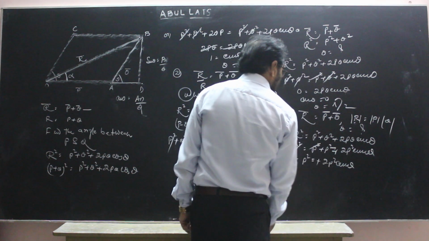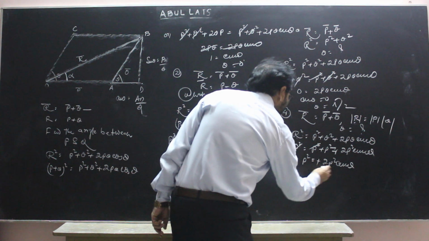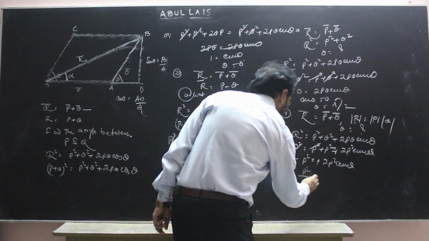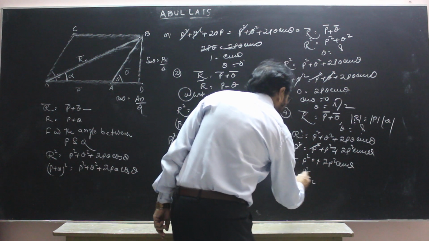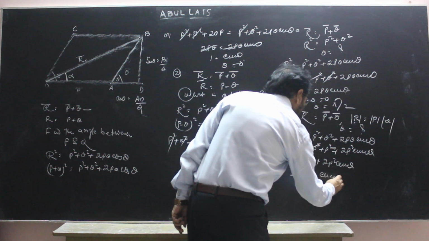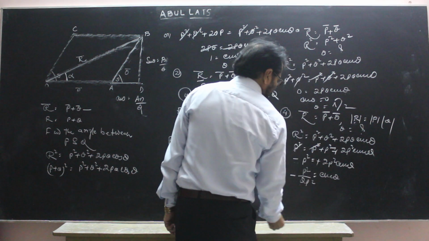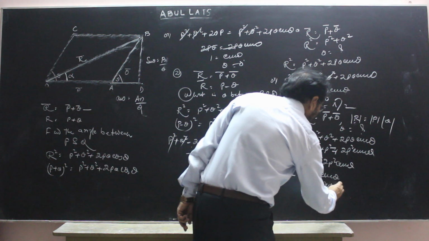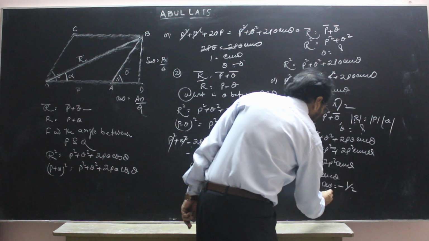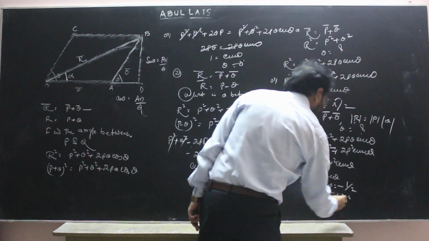So you can write minus P square by 2P square is equal to cos theta. So cos theta is minus half and theta is 120.